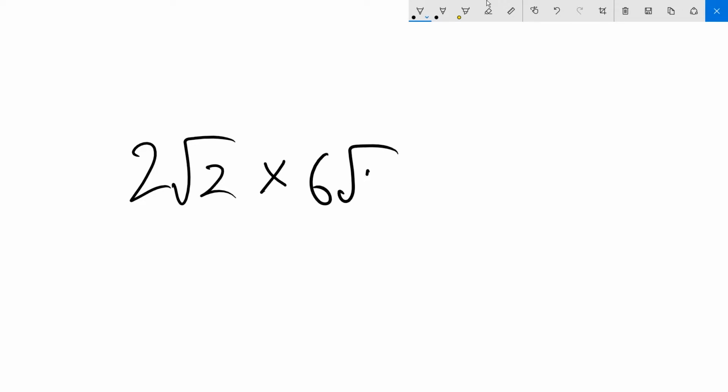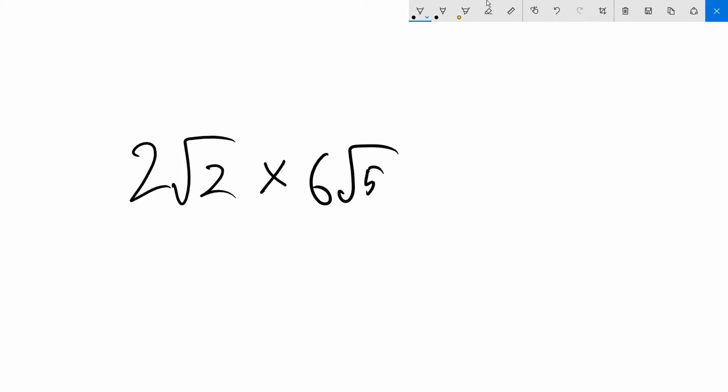Okay, let's look at a more complicated multiplication example now. Let's say I had 2 root 2 times 6 root 5, and we wanted to times these two together.